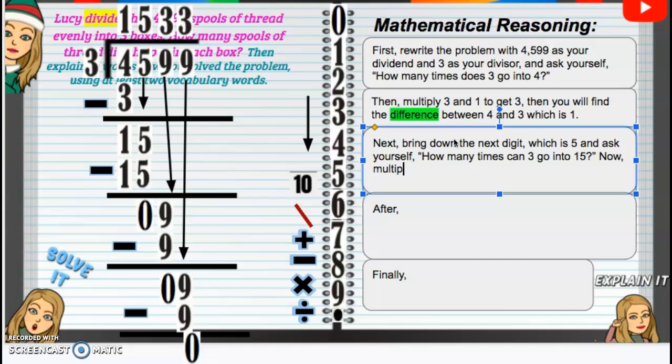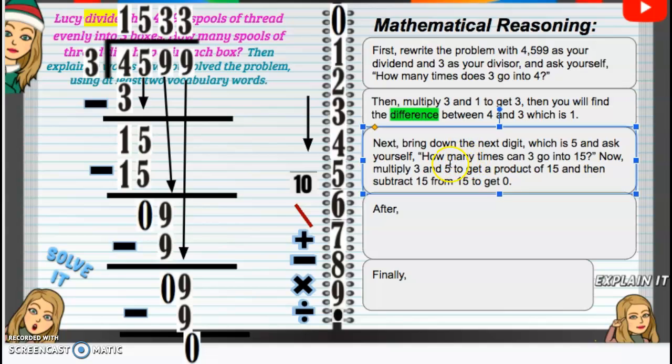Now multiply 3 and 5 to get a product of 15, and then subtract 15 from 15 to get 0.